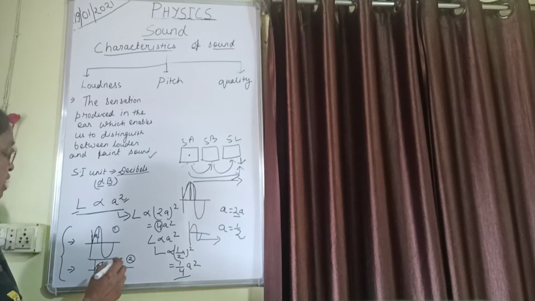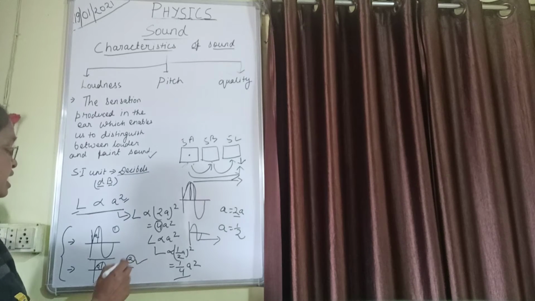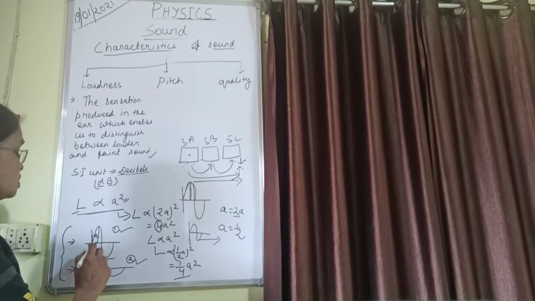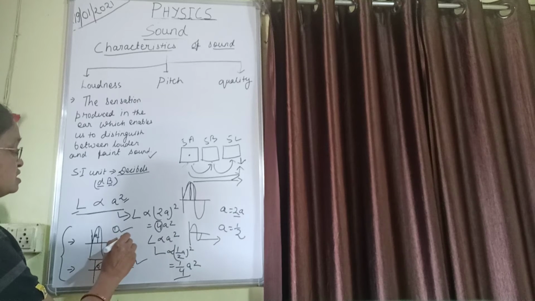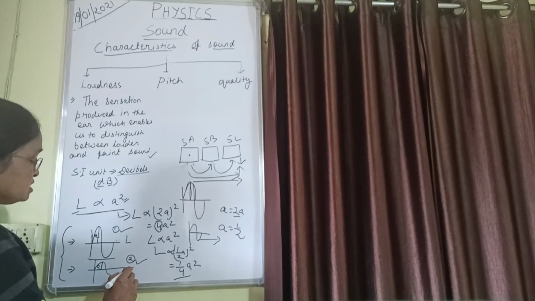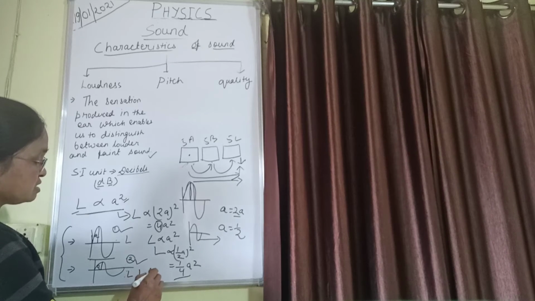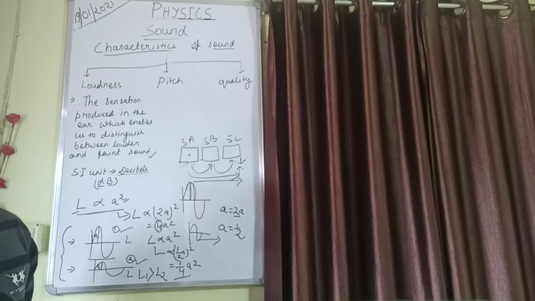You see the amplitude of the sound produced by the second body is less than the amplitude of the sound produced by the first body. So the first is louder compared to number 2. So we can write L1 is greater than L2. So students, this is loudness.